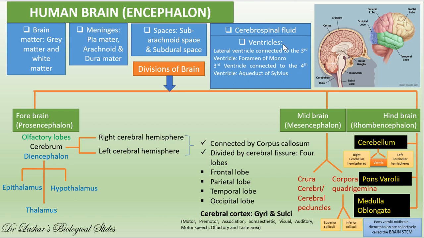Each cerebral hemisphere encloses a cavity called a lateral ventricle, and the lateral ventricles are connected to the third ventricle by the foramen of Monro, the interventricular foramen. The third ventricle is connected to the fourth ventricle by the aqueduct of Sylvius. The fourth ventricle is continuous with the central canal of the spinal cord.